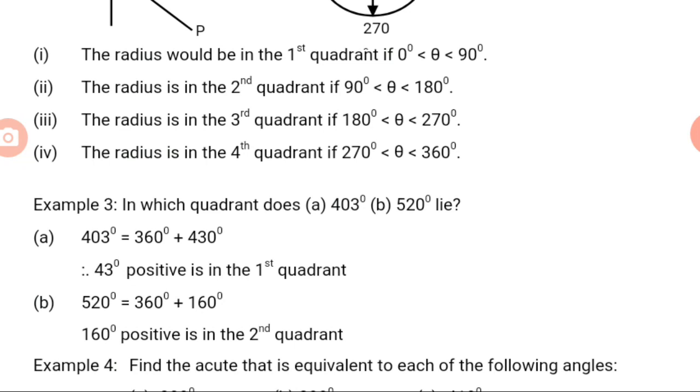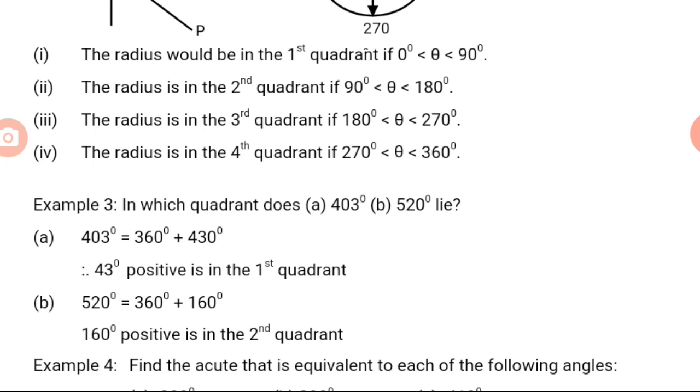Now, for us to understand this very well, let us look at some examples. It is this example that will make us understand it better. Now, let us look at example 3. In which quadrant does A, 403 degrees, and B, 520 degrees, lie?